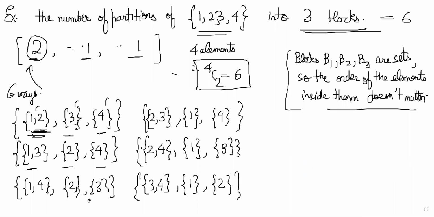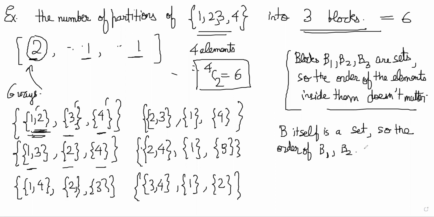The next thing to note here is that B itself is a set, right? So the order of the blocks doesn't matter. Basically, B is a set and the set B contains the subsets B1, B2, B3, right?